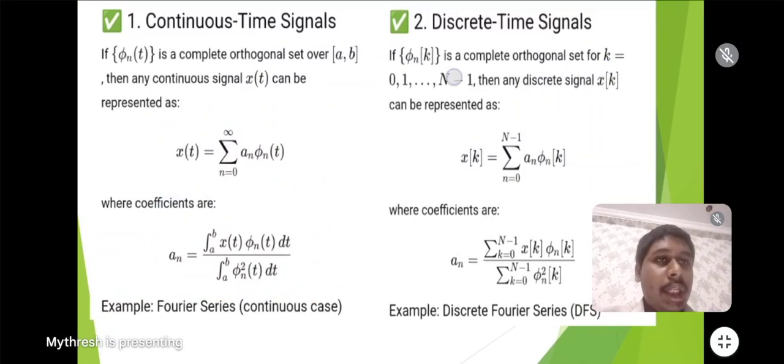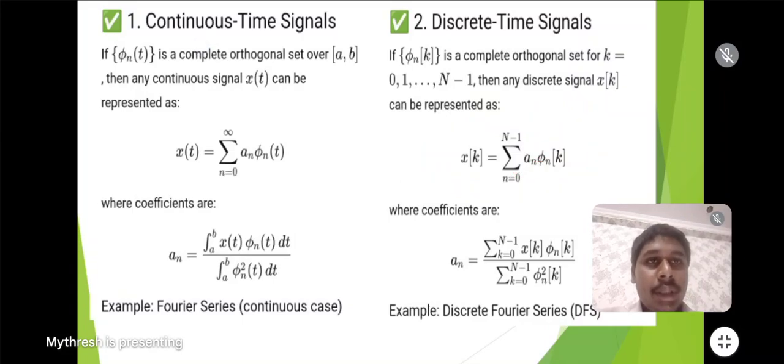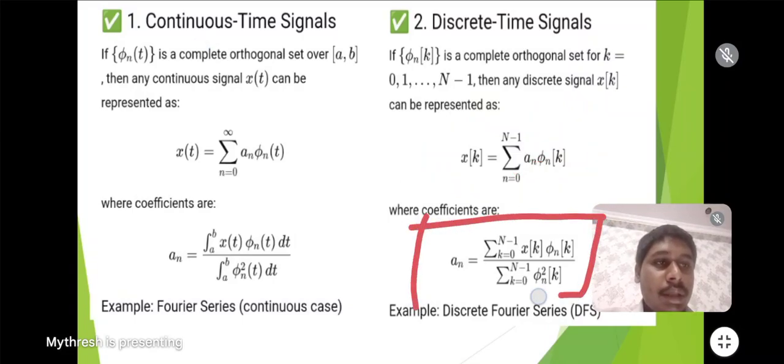And for a discrete time signal, the signal is represented like this, and the coefficient an is represented like this. The only difference is that it will have a summation over k, where k is 0 to n minus 1.